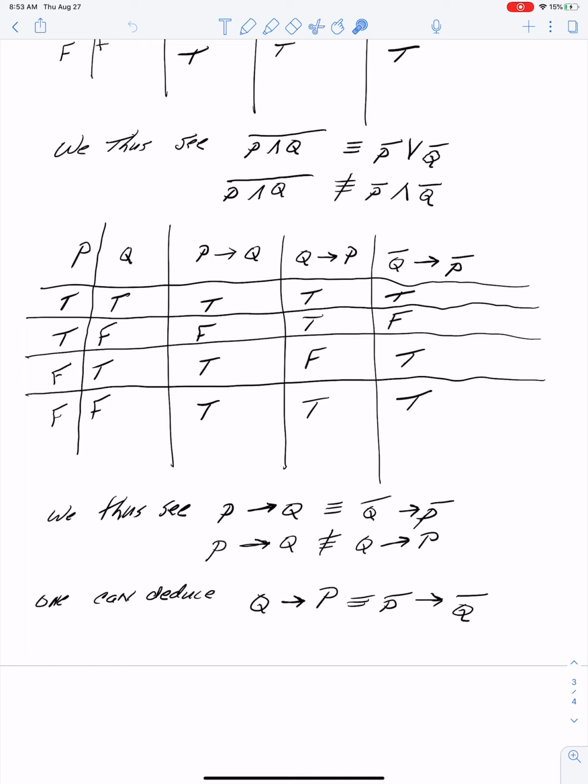I've argued that the contrapositive of Q implies P is not P implies not Q, and therefore anytime I take a contrapositive, I get a statement that's logically equivalent. Therefore, the converse is logically equivalent to the inverse of a conditional statement P implies Q. And that's all I'm going to say today.